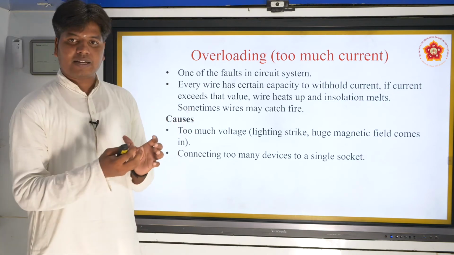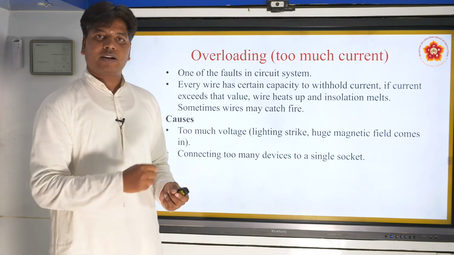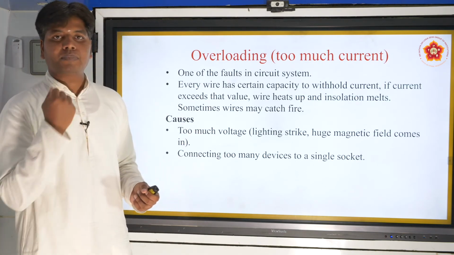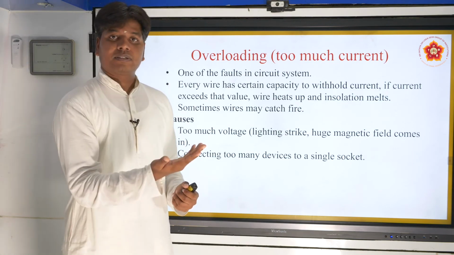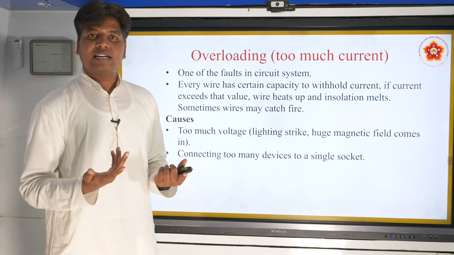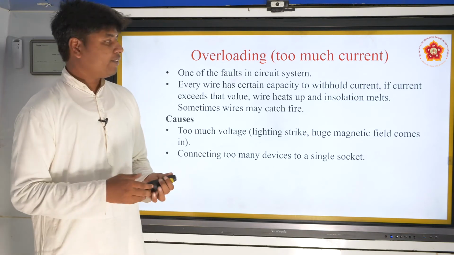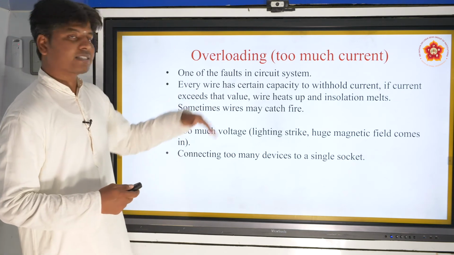You have so many plugs. So each device, for example, 6 devices you have connected, each device is drawing some current. So it is exceeding 5 amps. When it is exceeding 5 amps, the wire can't withstand, and it creates this kind of problems we have just discussed.